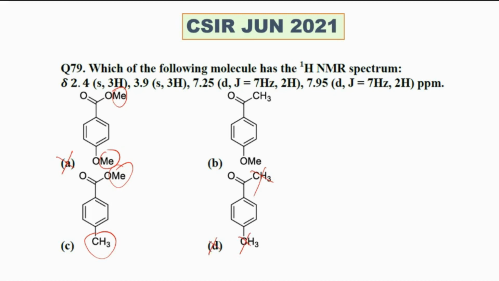ஏன் option D rule out பண்ணிடலாம்? How I can rule out option D? 3.9 நீங்க வேல்யூவே இல்ல. So D காலி. இப்ப சொல்லுங்க. கொஞ்சம் டஃப் தான், பட் ஈஸி தான். ஆப்ஷன் B ஆன்சரா, ஆப்ஷன் C ஆன்சரா? ஆப்ஷன் B மேம்.